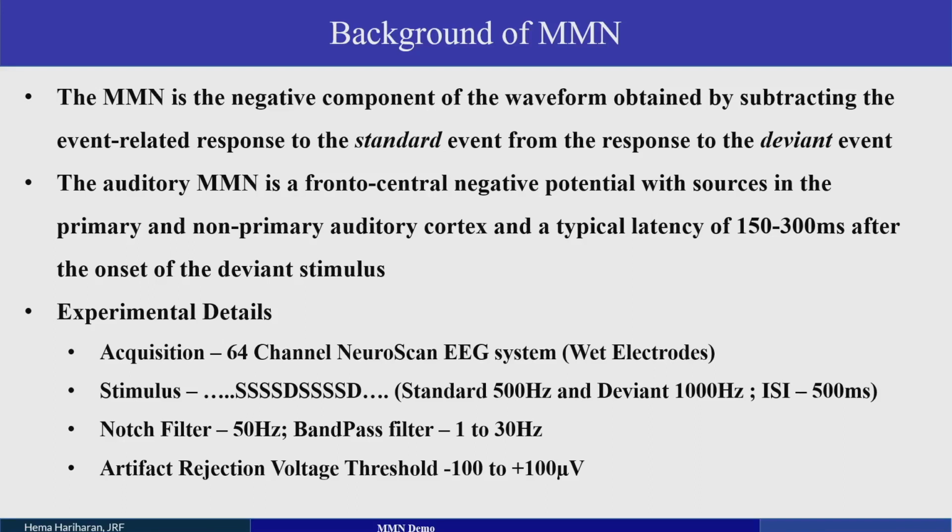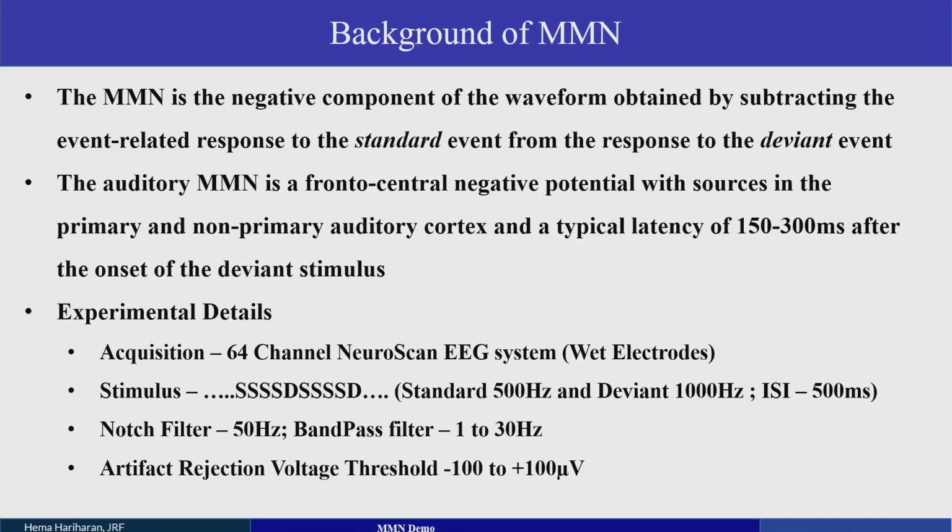Next, the experimental details. It's again recorded from the NeuroScan system, a wet electrode system, with 64 channels. As I told you, there will be standards and a deviant, followed by 4 standards and 1 deviant, like that.